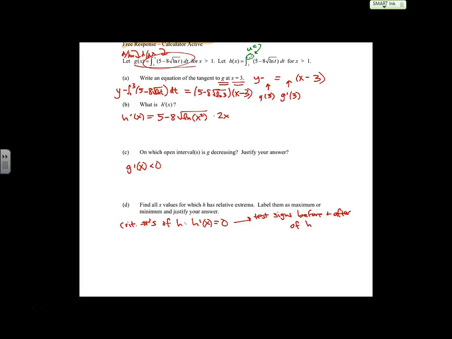H prime. That's the first derivative test for relative extrema. Or we can take those critical numbers and plug into h double prime of x and check concavity with the signs of the second derivative. We have options. Kiddos, I'm not doing more because this is the even. I already called it the bonus. If you are able to finish it right now, cool. If not, no big deal. Show me the even later.